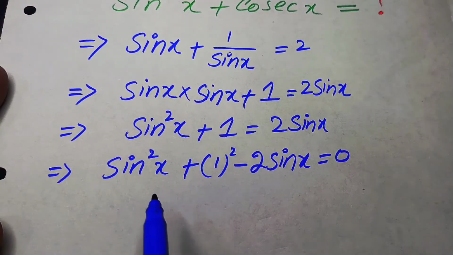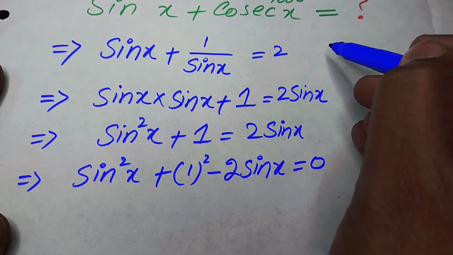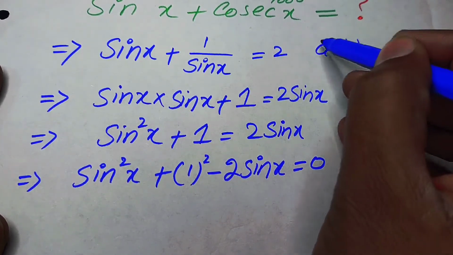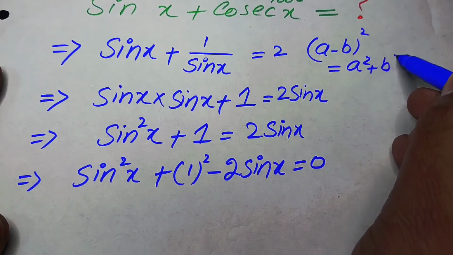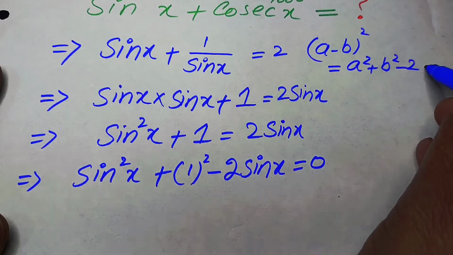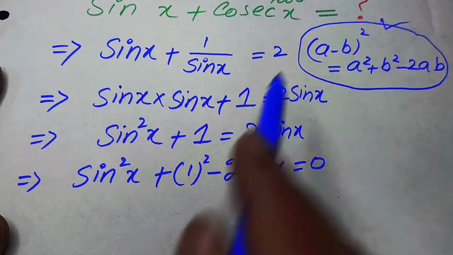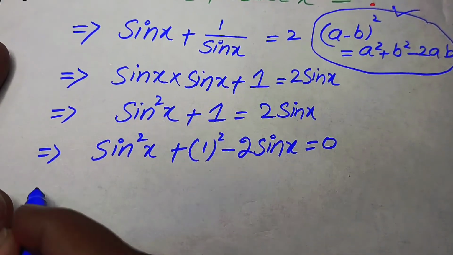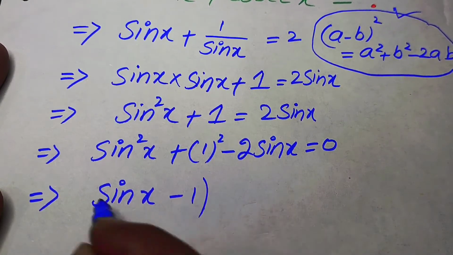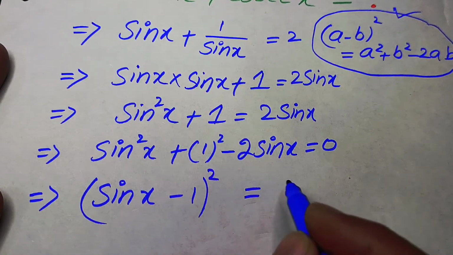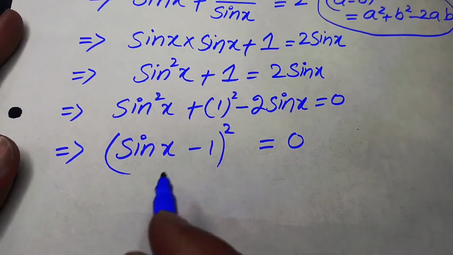And here we will see that this becomes the famous identity, which we can write as a minus b whole square is equal to a square plus b square minus 2 times ab. Okay, here we apply this famous identity, so it becomes sine x minus 1 whole square is equal to 0, and now we take a square root on both of the sides.